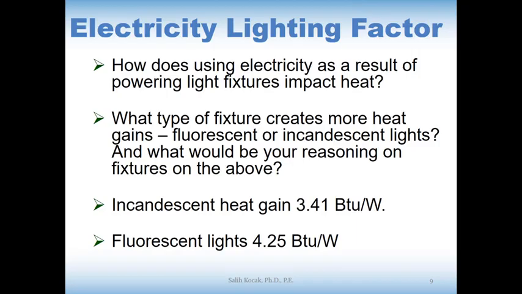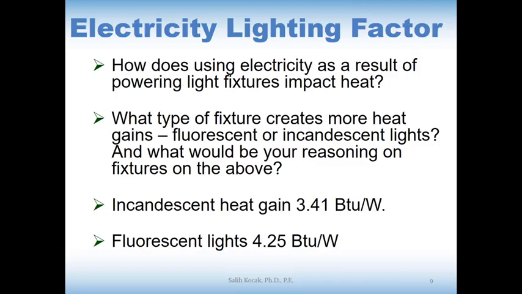So what type of fixtures create more heat gains, fluorescent or incandescent lights? This is a little bit hard for me to say, but it's just the light bulbs. Fluorescent, all the bulbs, which provides more heat. In the next one, you see that the bulb's heat gain is 3.41 BTUs per watt, and fluorescent lights is 4.25 BTUs per watt.